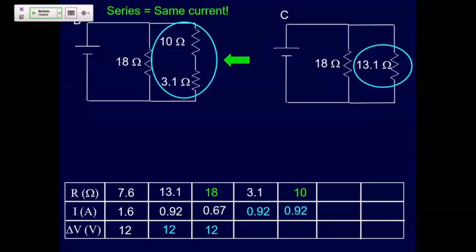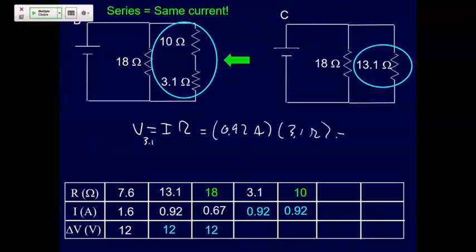And so now I want to go through and find the voltage of the situation that I'm talking about. And so I just take my V equation like so. So V equals IR. And so say the V for the 3.1 would be a current of 0.92 amps times the resistance of 3.1 ohms.